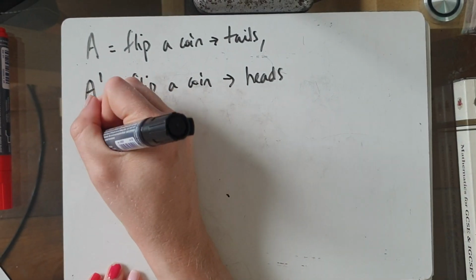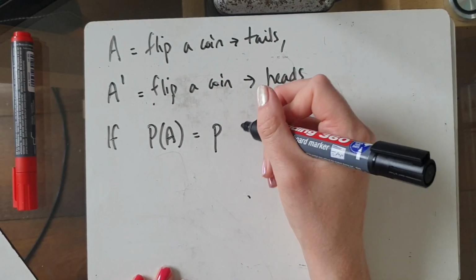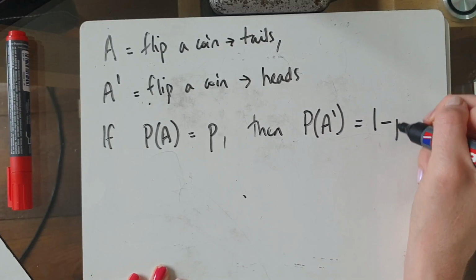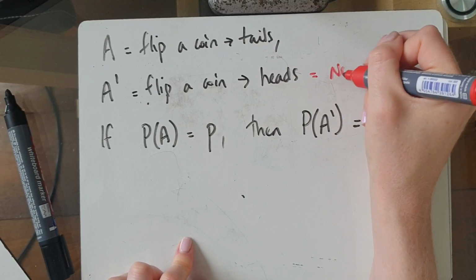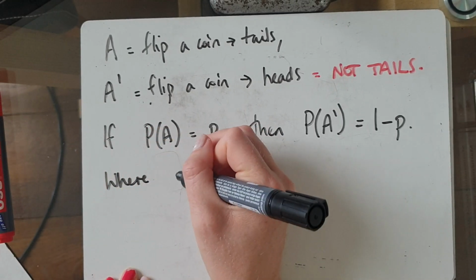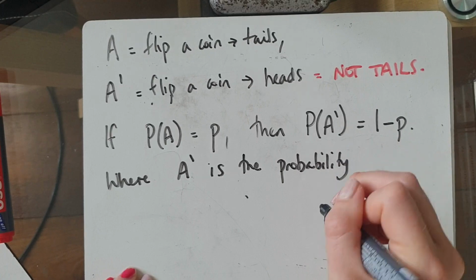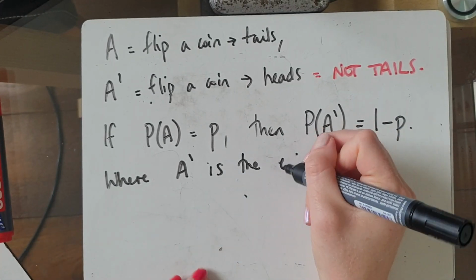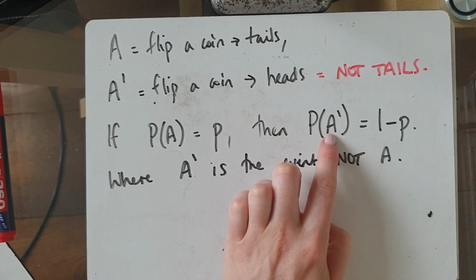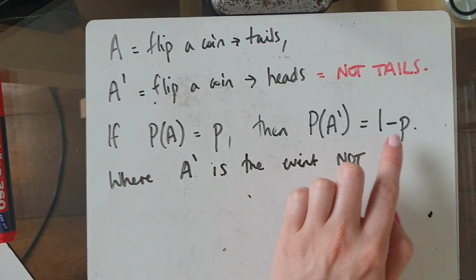Now, if the probability of A equals a particular value, so P, then the probability of it not happening is 1 minus P. And that is where A dash is the event not A. So this is A and this is not A. So this is anything else that could happen instead of A. So if the probability of A is P, then the probability of not A is 1 minus P.